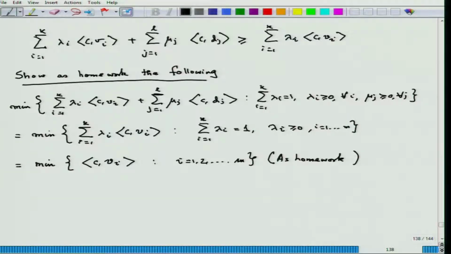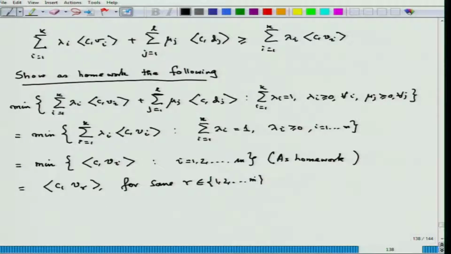So, what I have proved is that the minimum value of LP1 exists, because now I have only a finite number of them, m. So one of the CVI values, say CVR for some R element of 1 to m, is the minimum, which is obviously true.